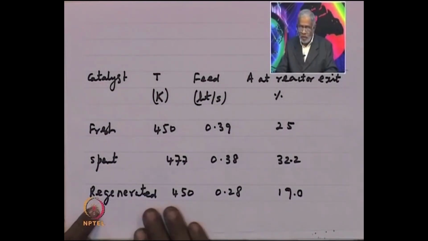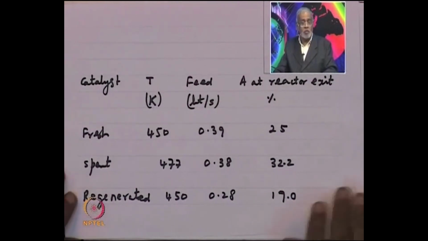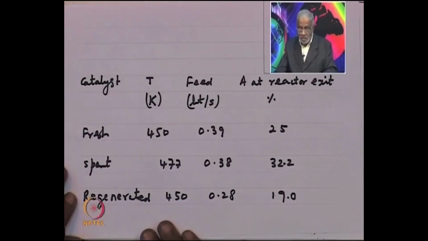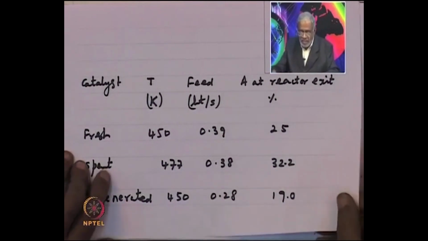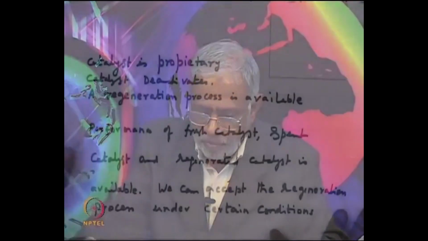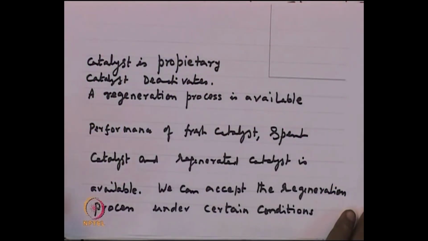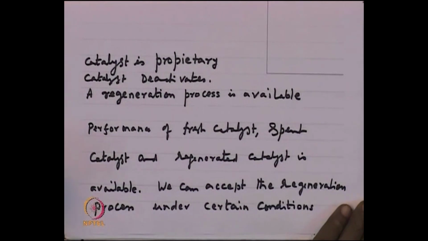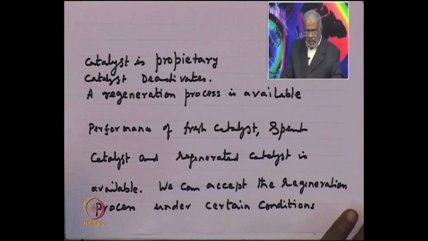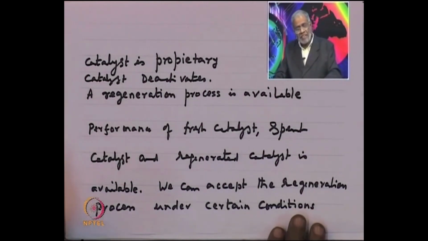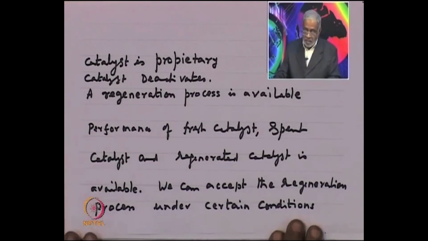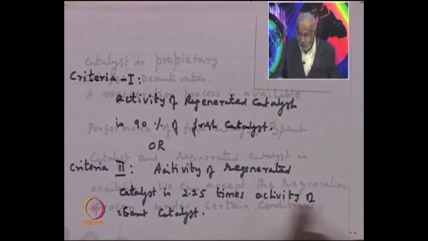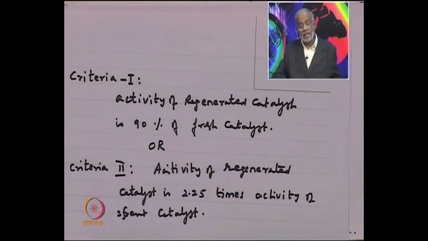Now, whenever you want to evaluate, we must say what is the criteria on which we will judge the regeneration process. The kind of criteria that is suggested in this particular exercise is the following. It says the catalyst that we are using in this reactor is proprietary. The catalyst undergoes deactivation and the regeneration process is available, and we can accept the regeneration process if the regenerated catalyst has 90% activity of fresh catalyst.